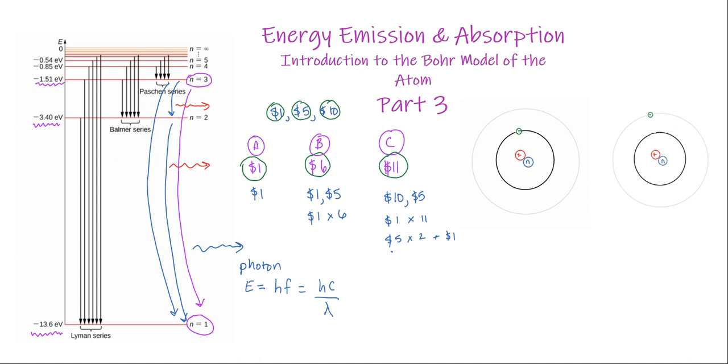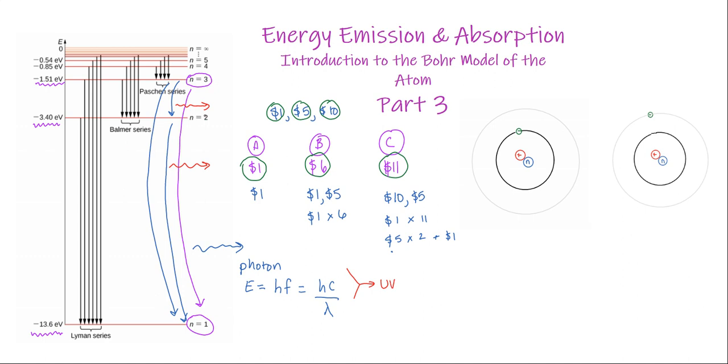There are more of them. Now, for the energy emitted in the form of the photon, if you're falling back down to the n equals 1 level, you're going to emit a photon that maybe isn't visible to the naked eye. It might be in the form of a UV ray, ultraviolet ray.